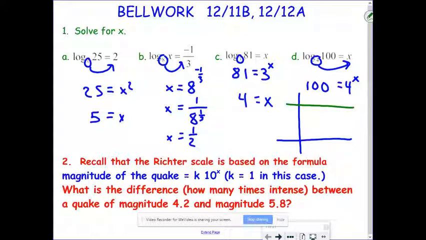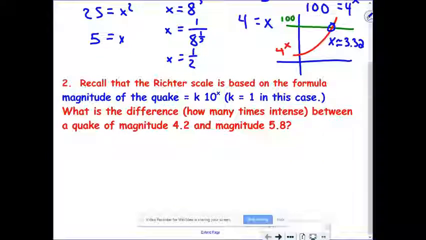That's a horizontal line. We're going to graph 4 to the x. That's exponential. We know it's exponential growth because the 4 is greater than 1. So we're looking for the intersection. How do I calculate the intersection again? Second, calculate, and then intersection. We get about 3.32 for that.